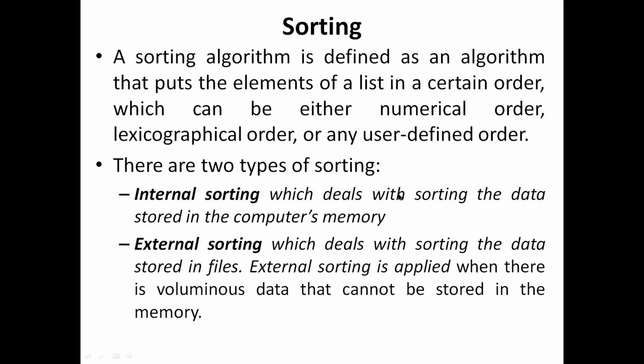External sorting is applied when there is voluminous data that cannot be stored in the memory. For example, if I want to analyze a huge amount of data in terms of TB or gigabytes, how will I sort? That kind of sorting is called external sorting. In our syllabus, most of the sorting will be internal sorting.